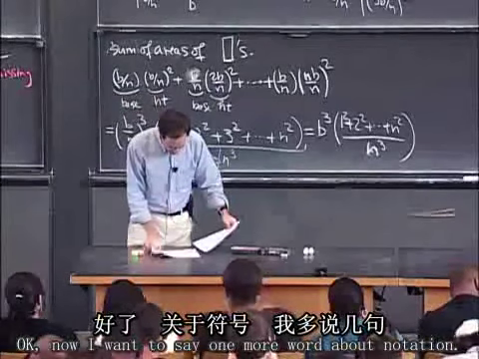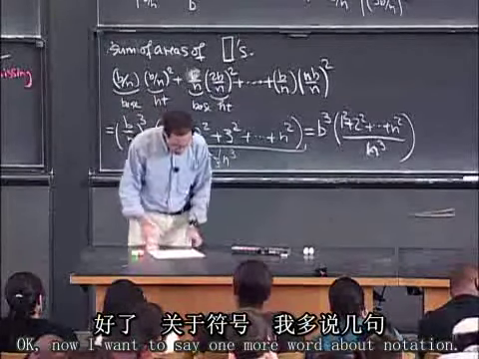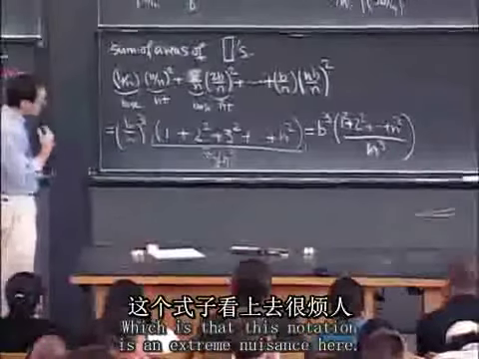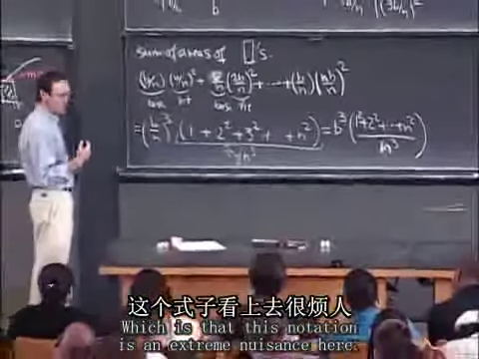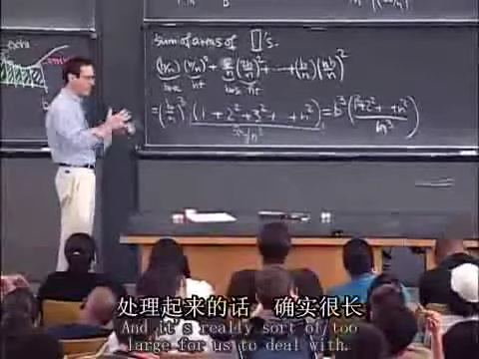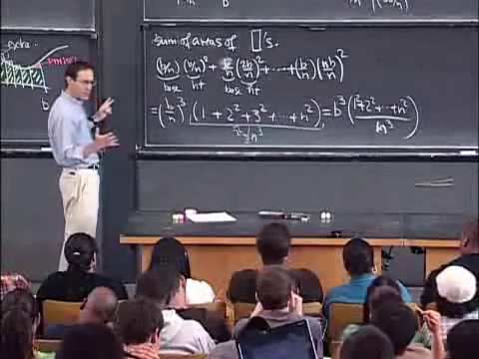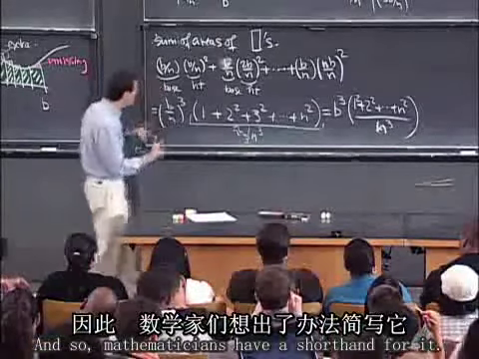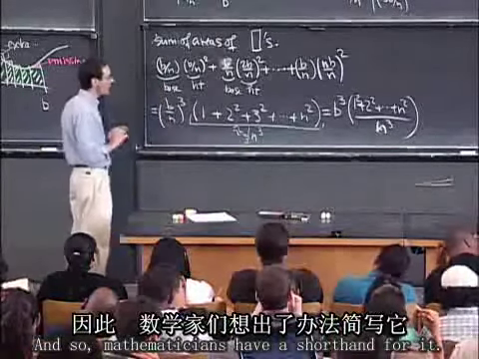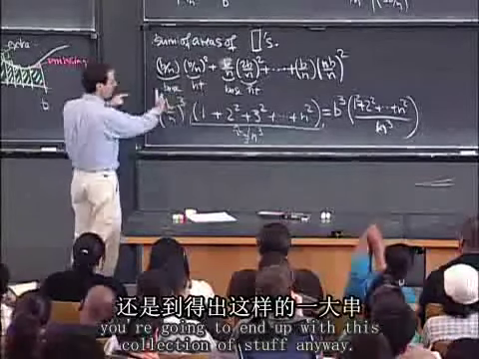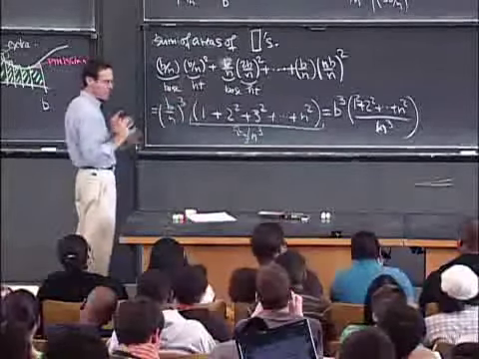I want to say one more word about notation, which is that this notation is an extreme nuisance here, and it's really sort of too large for us to deal with. And so mathematicians have a shorthand for it. Unfortunately, when you actually do a computation, you're going to end up with this collection of stuff anyway.